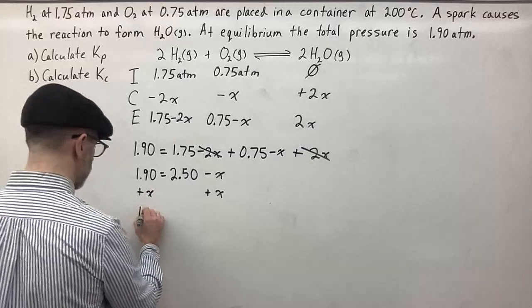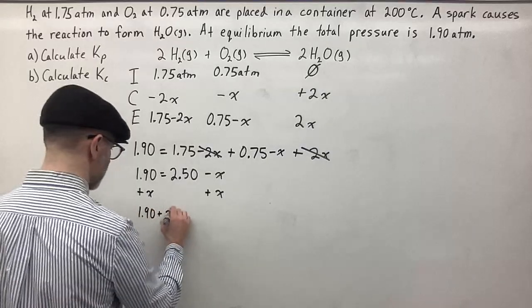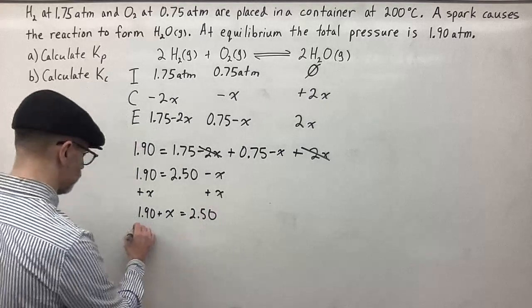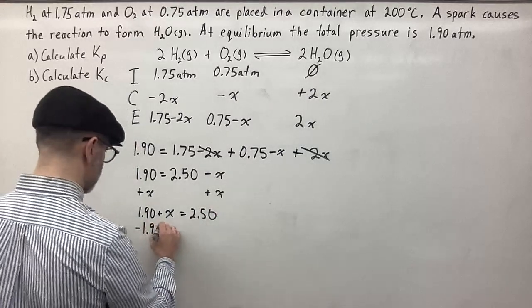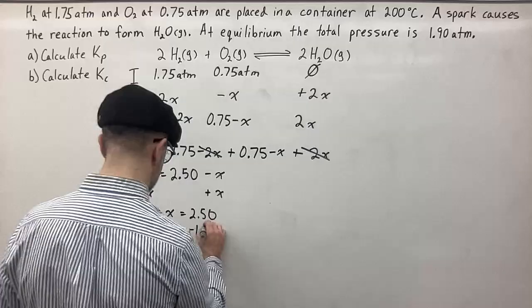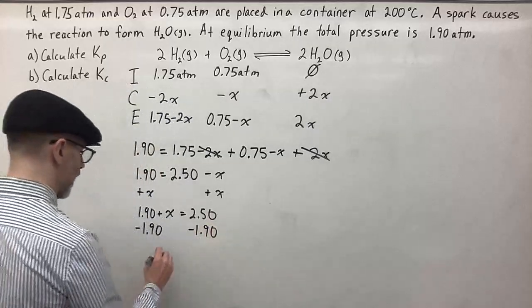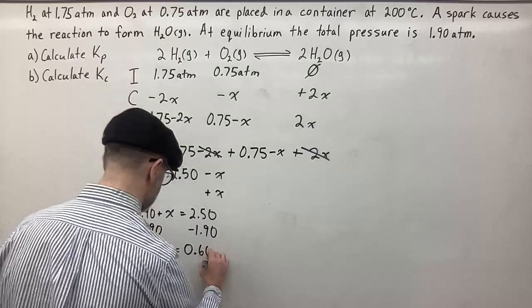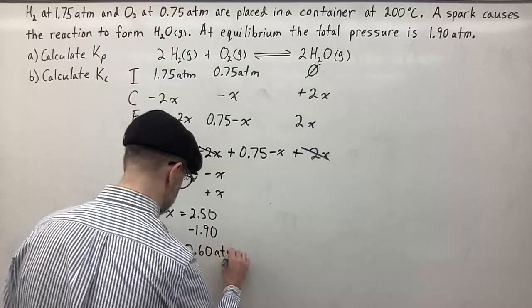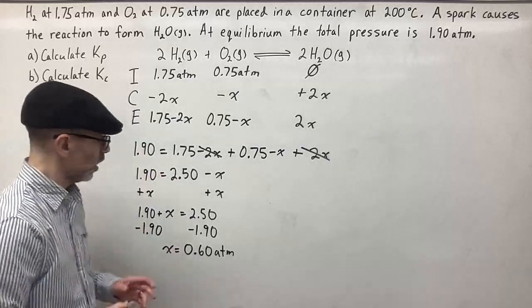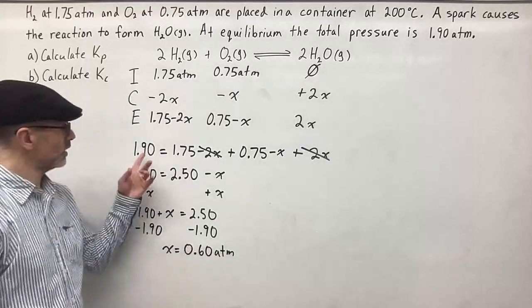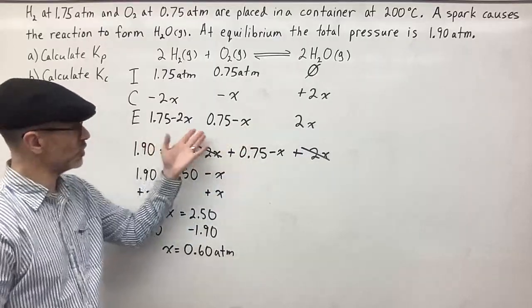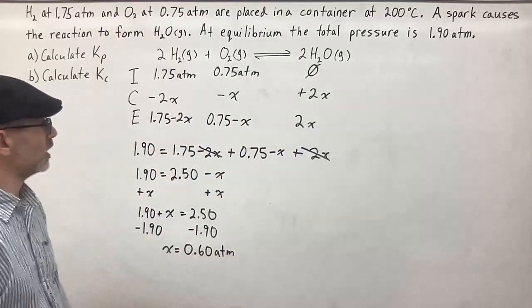So now I'm going to have 1.90 plus x is equal to 2.50. Now I can subtract 1.90 from both sides, and that means x is going to be equal to 0.60 atmospheres. So now that I know x, I can figure out what the equilibrium pressures of each of these are going to be.